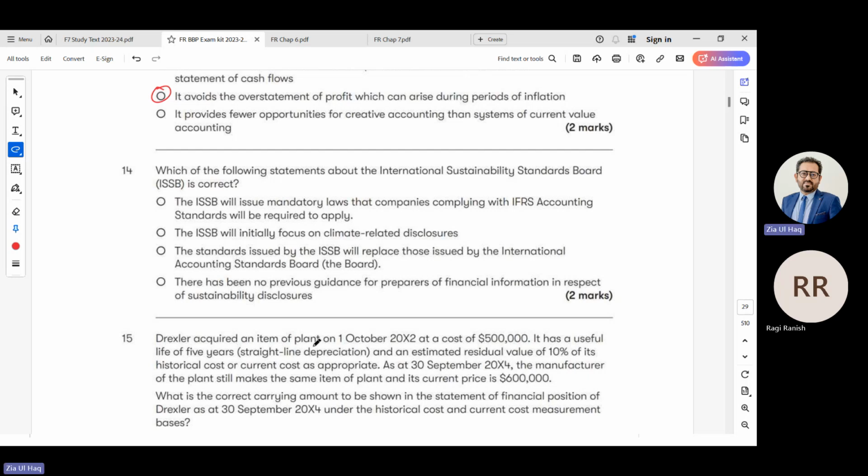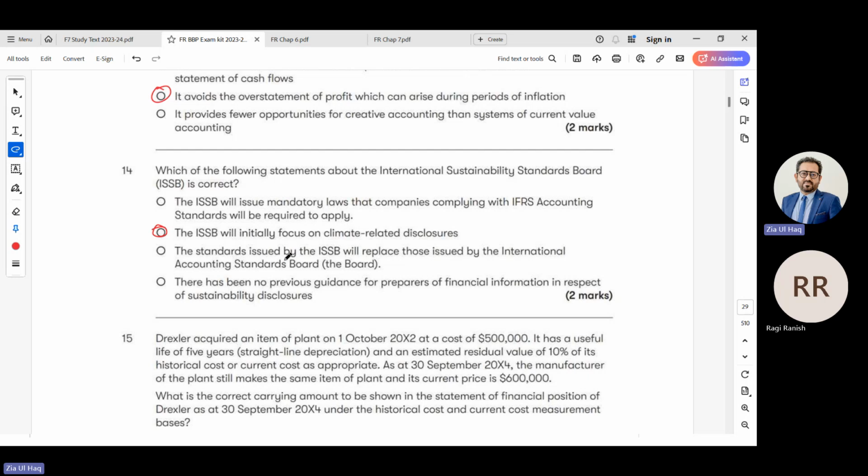B, the ISSB, meaning International Sustainability Standards Board, will initially focus on climate related disclosure. We require company to provide disclosure regarding your business activities' impact on the environment. Obviously, company will try to put a positive disclosure, and to do that, they will automatically focus on environmental issues. So this is the main point.